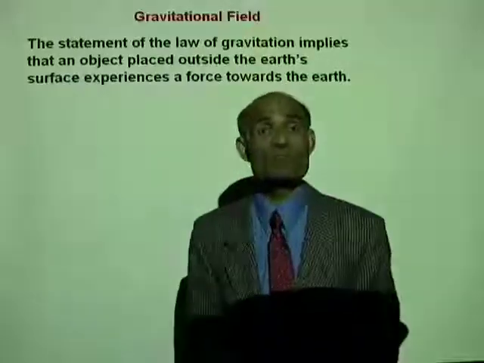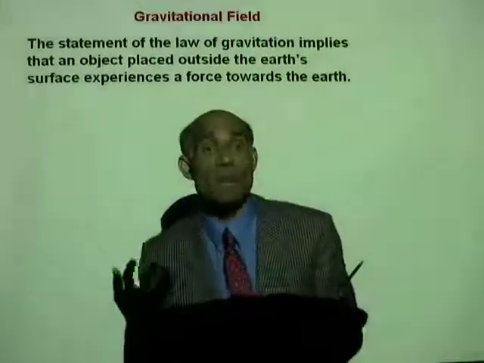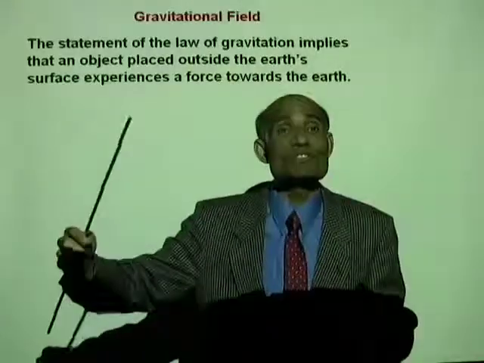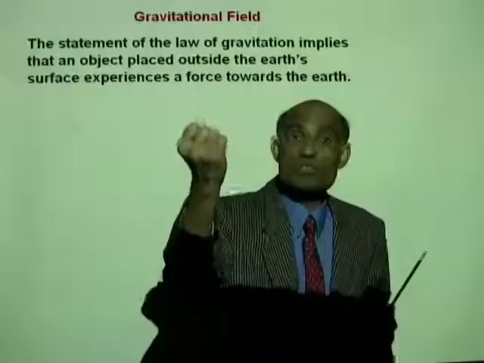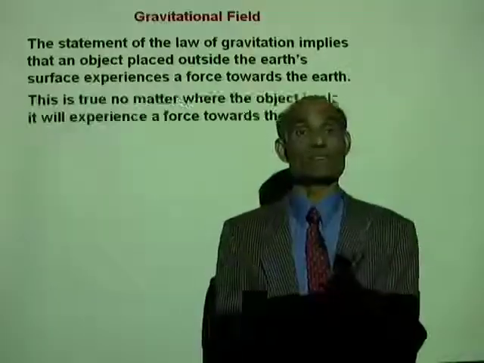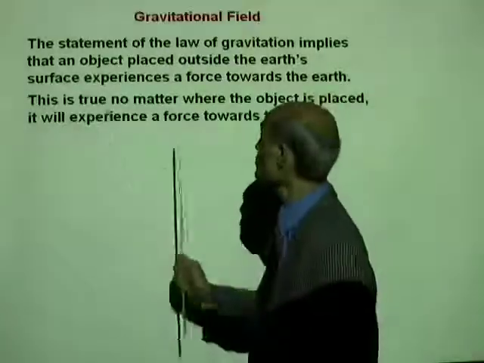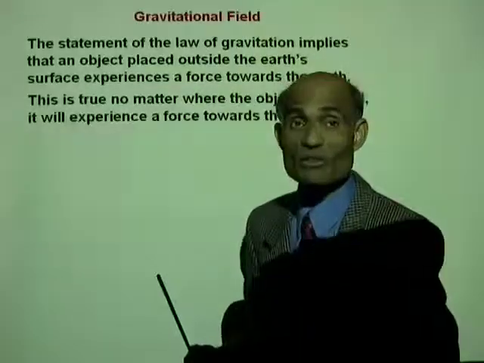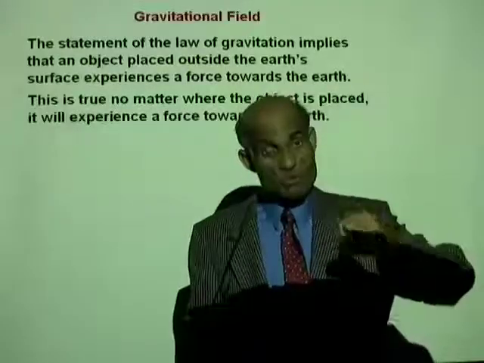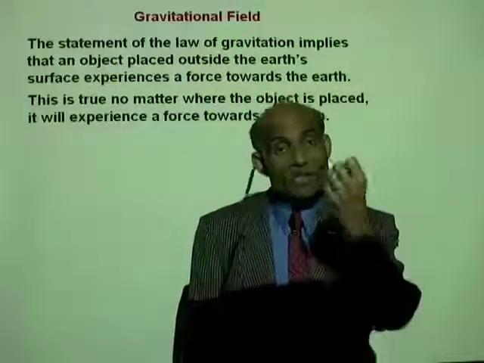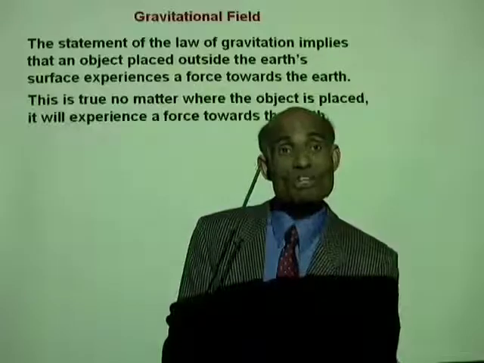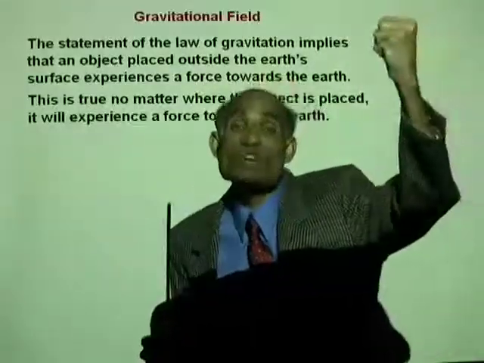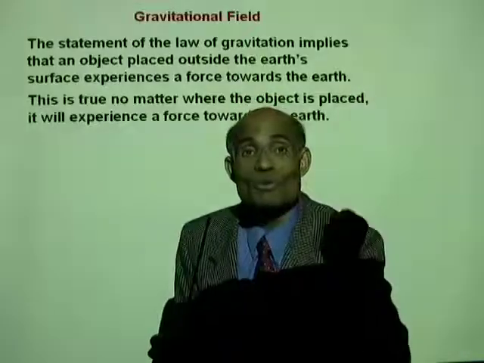The statement of the law of gravitation implies that an object placed outside the Earth's surface will experience a force towards the Earth. Now, this is true no matter where the object is placed. If the object is on the surface of the Earth, it will experience a force towards the Earth. If the object is taken to an altitude h, it will experience a force towards the Earth.